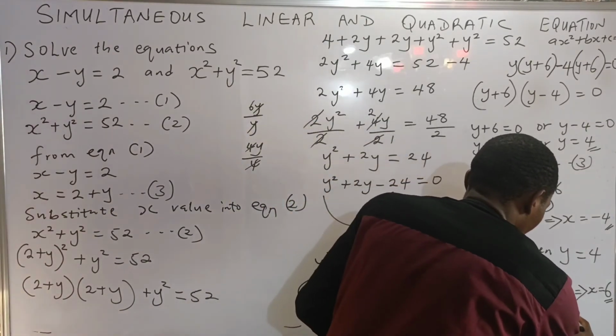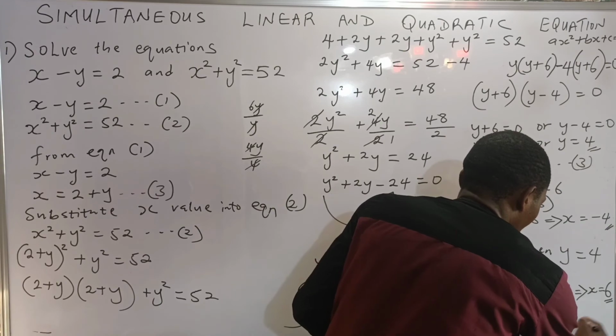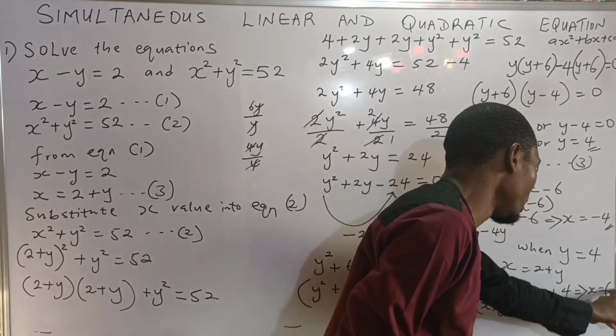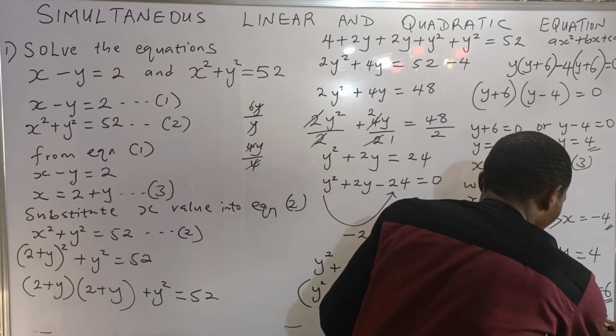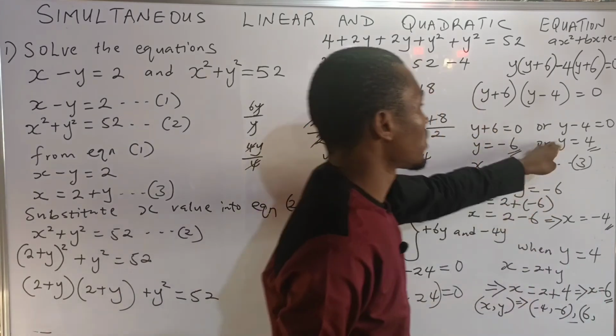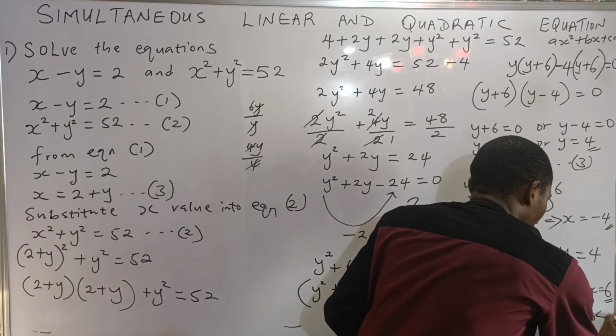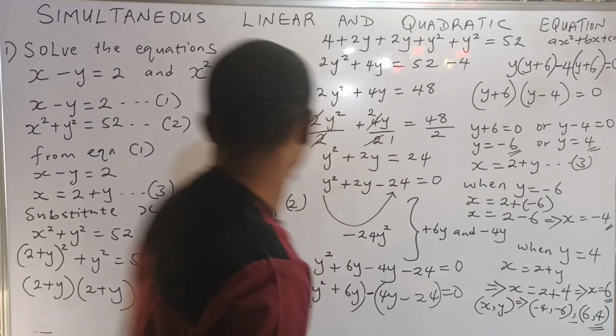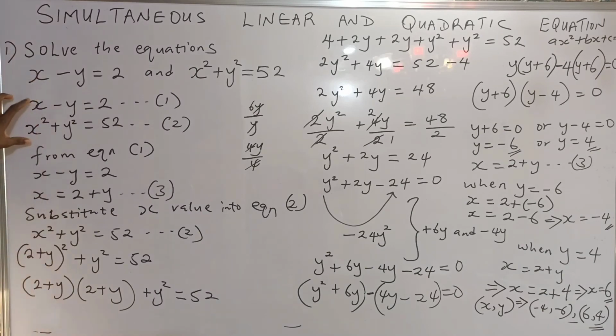We have negative 6. You close the bracket. And the second x value is 6, comma, and the second y value is 4. So this is the final answer for this pair of equations, which is a linear and quadratic equation.